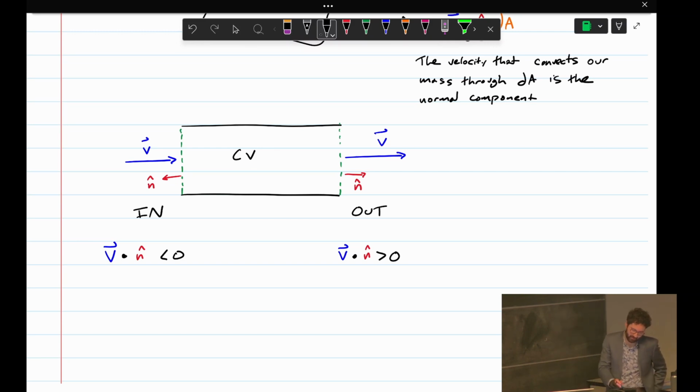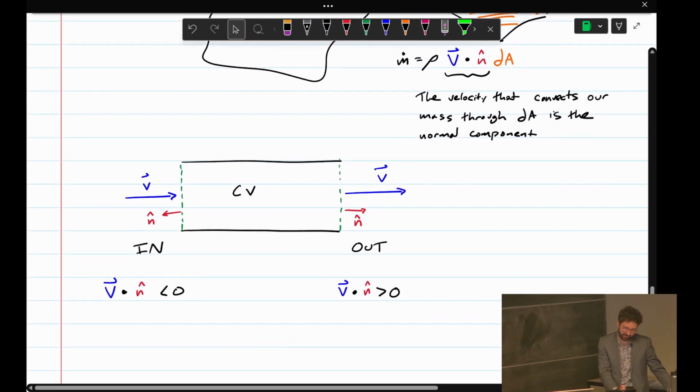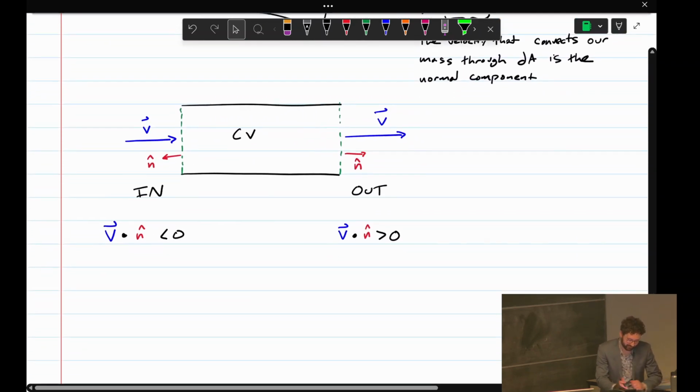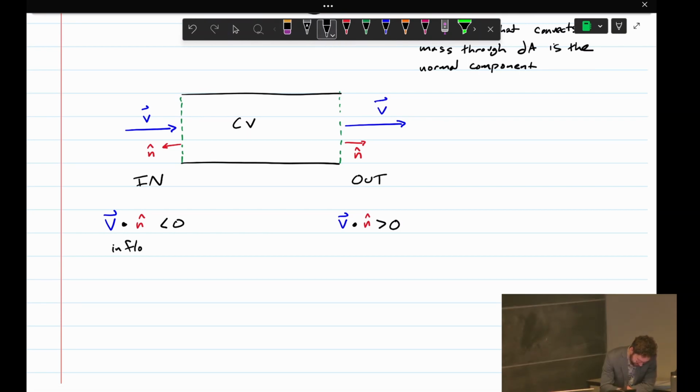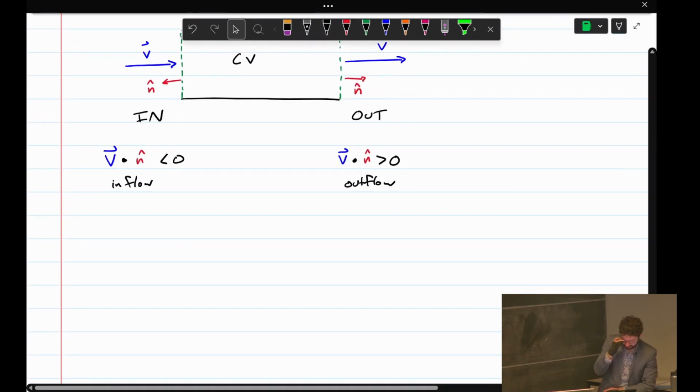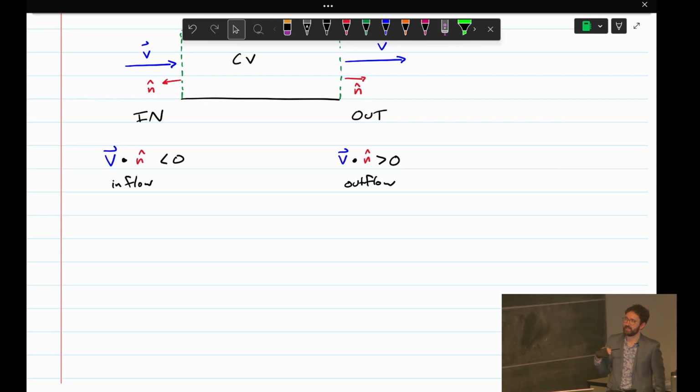But our mass flow rate, the way we've defined it here, is actually negative. So inflow is negative, which is weird. So we're going to see a negative sign appear in our equation later, and that's for this reason. When we define our normal vector outwards, we have to account for that sign change.